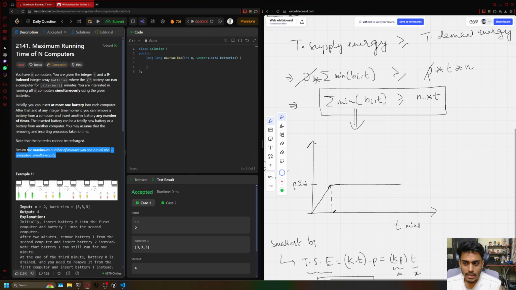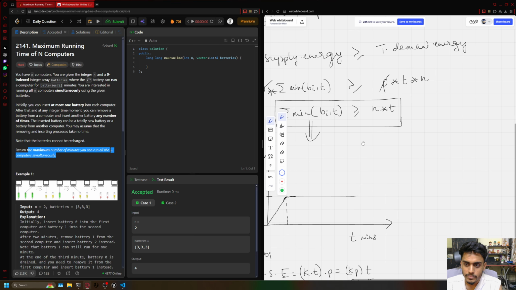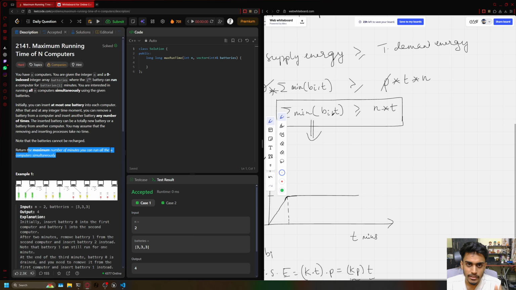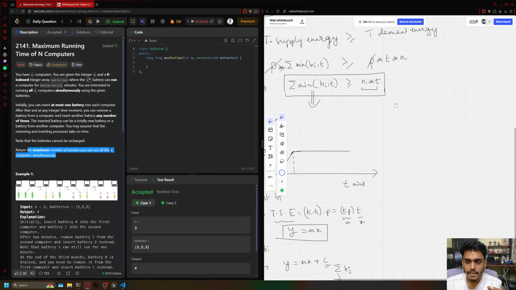Now, since this will saturate, if I check my demand energy, that will increase with respect to how my T is increasing. So the nature of the transition in this relationship will be something like this.